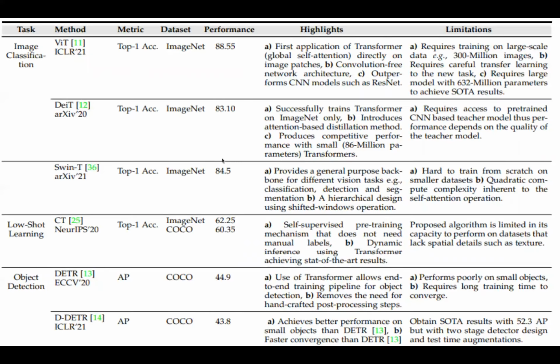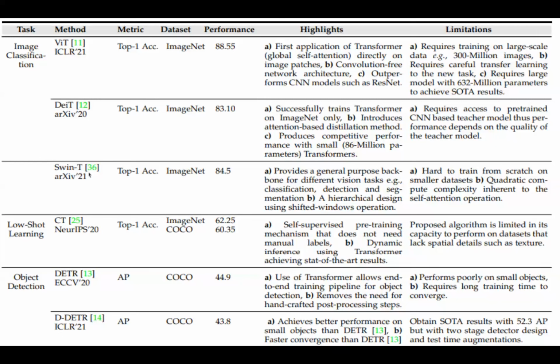This is from a survey paper on the use of transformers in vision. Some of the architectures which were useful were vision transformers, which is kind of the one which broke the field in terms of the fact that they didn't use any CNNs at all.